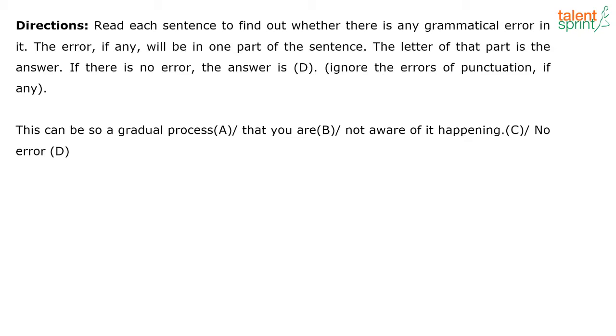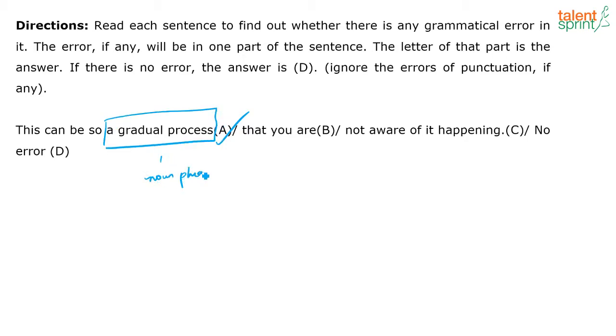So you say C. Why C? What is wrong with C? So it says this can be so a gradual process that you are not aware of it happening. But if you look closely, we've spent so much considerable time understanding this whole difference between so and such. So the first error that you will identify is obviously in part A. A gradual process, which is my noun phrase.